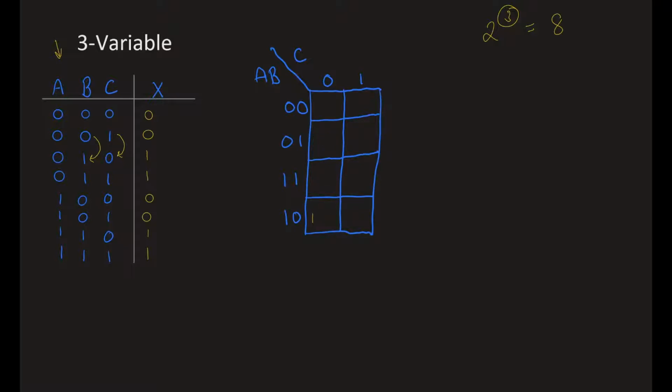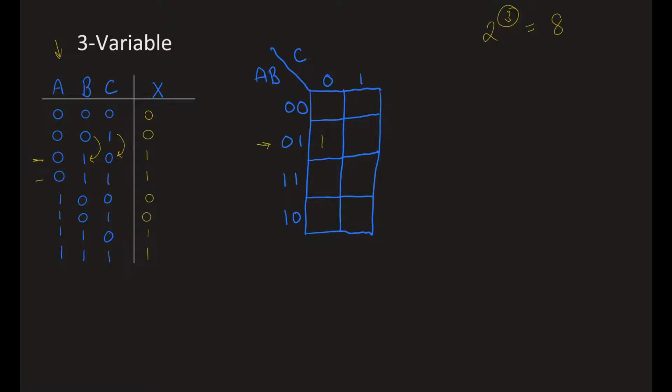Erase this, erase this. Okay, remember, we don't need to write the zeros. The first one I need to write is this row right here. So we have 0, 1, 0. I go to the 0, 1 row, and the 0 column, and we put a 1 at 0, 1, 0. Next, we have 1 at 0, 1, 1.